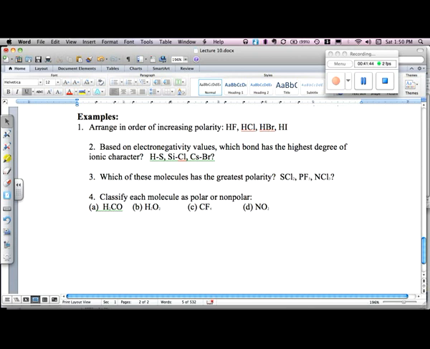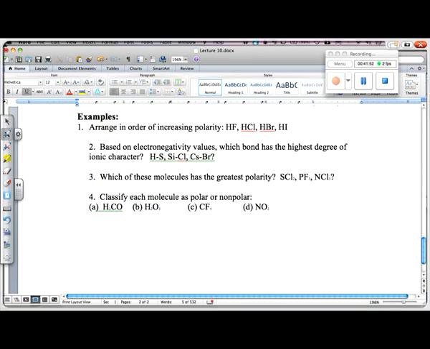All right, arrange in order of increasing polarity. So what we have here are 2 atom molecules. So what you're going to want to do is subtract the electronegativities. So 4.0 minus 2.1. So go ahead and pause and give that a try. And I'm just going to start writing the difference in the electronegativities for the molecule.